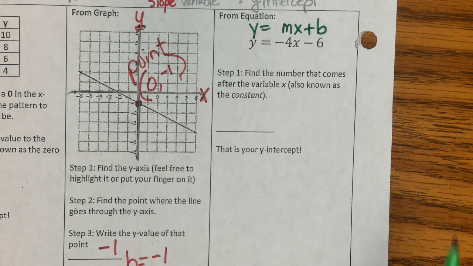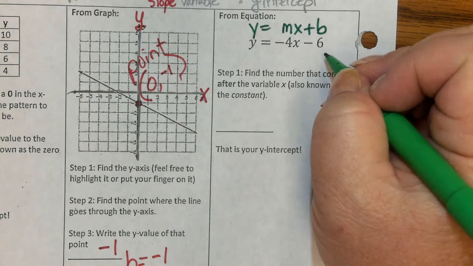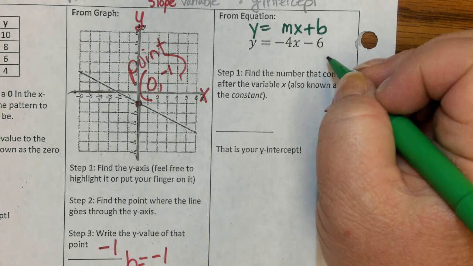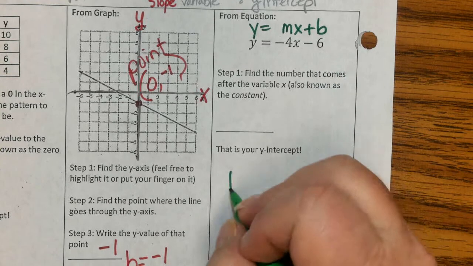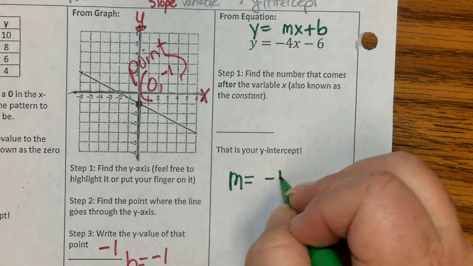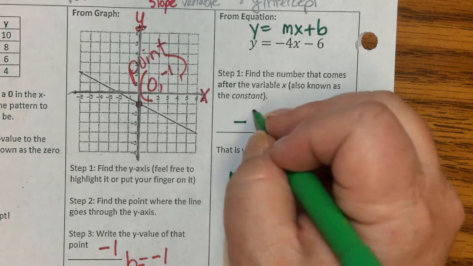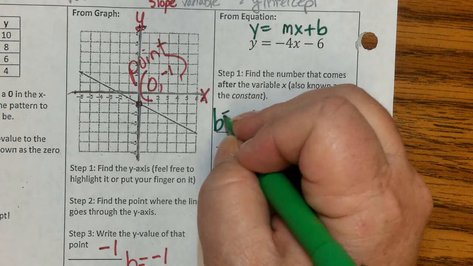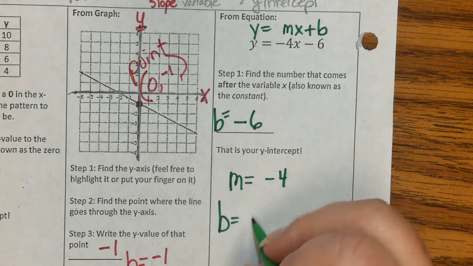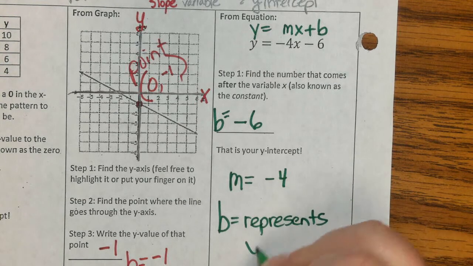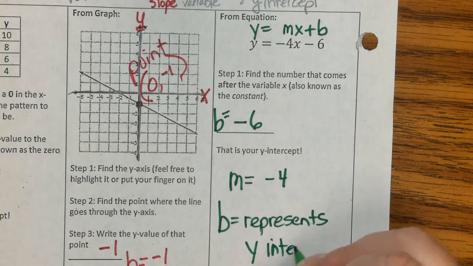Then here, my slope is what? Slope is your m, -4. What is your y-intercept? -6 is b, and b is what represents your y-intercept.